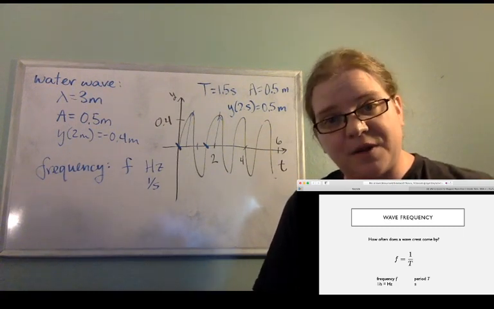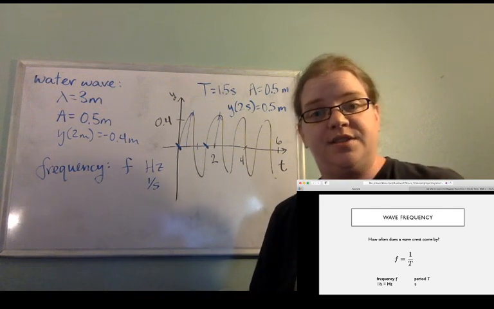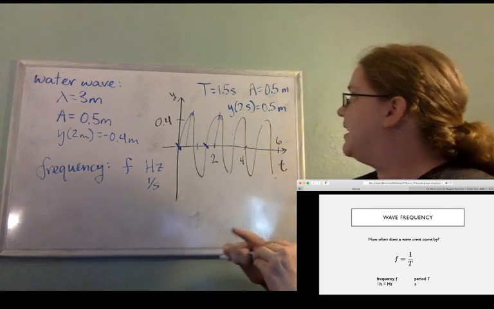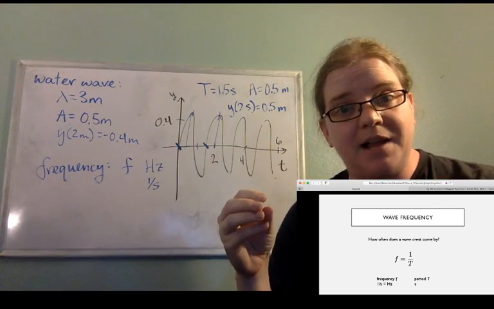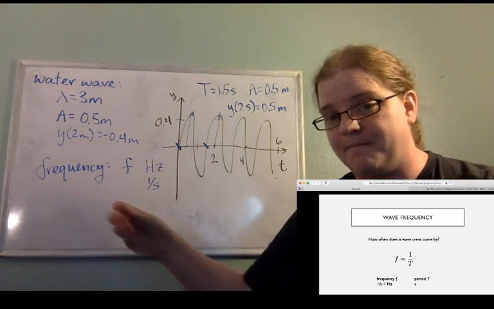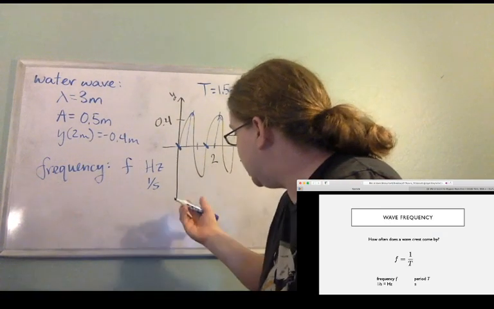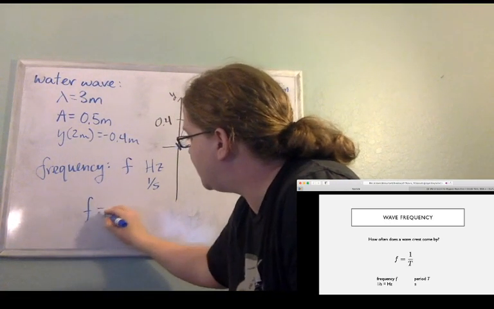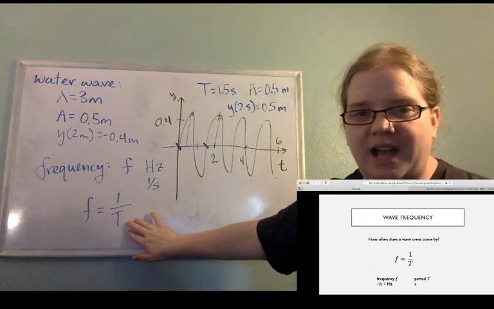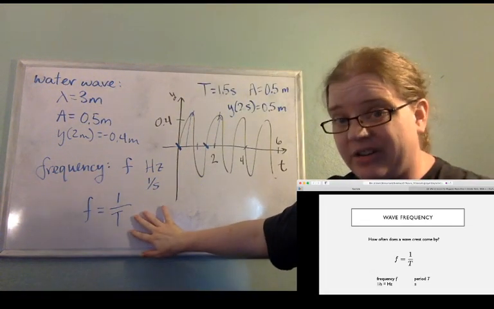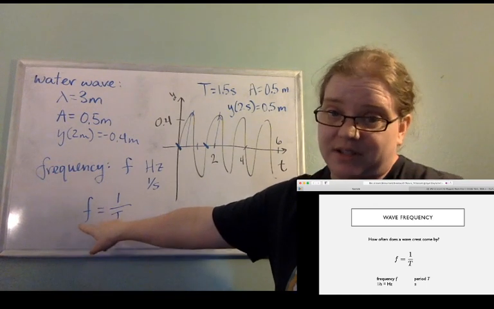So the bigger the frequency, the more often it occurs. But the more often it occurs, the smaller amount of time there is in between each thing. Okay? So frequency is going to be inversely proportional to the period. Right? If my amount of time here is huge, like a year, I get a frequency that's really small.